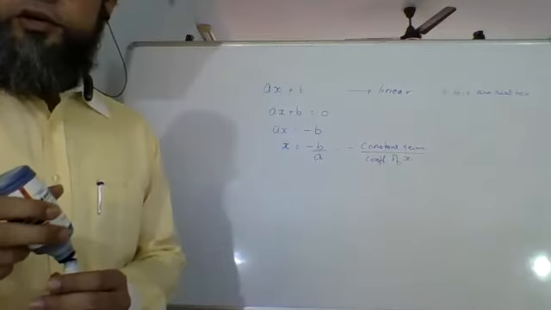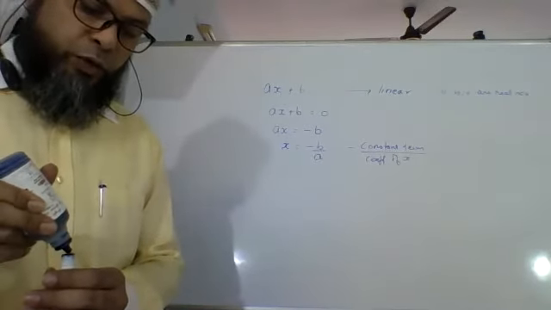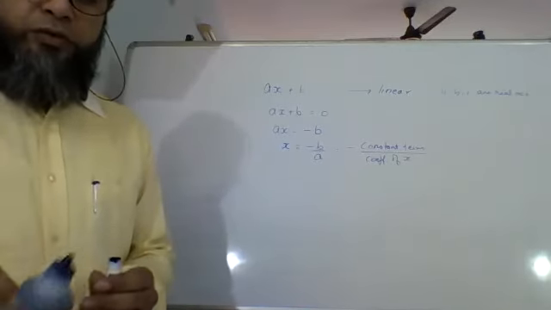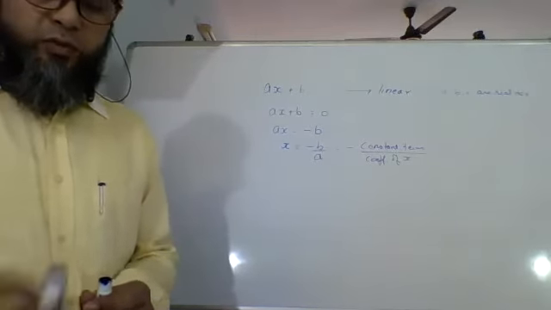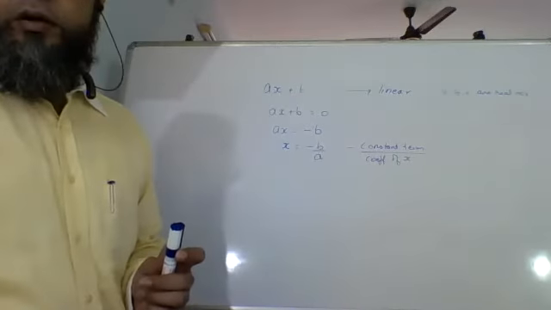All you have to do is equate 3x plus 12 equal to 0 to get the value of x. So the value of x that we will get will be called the 0 of the polynomial.